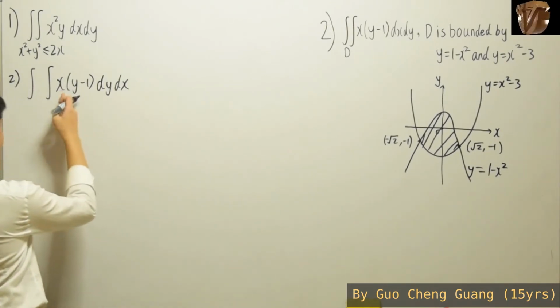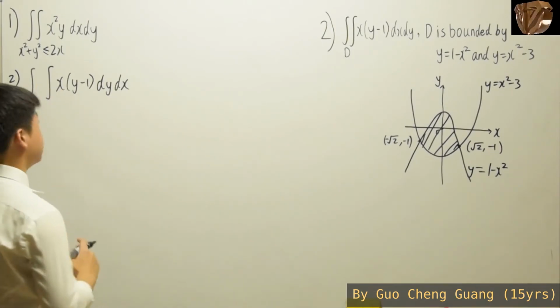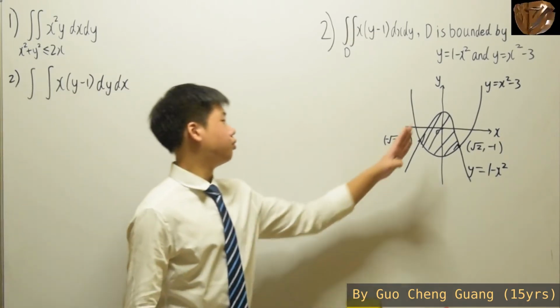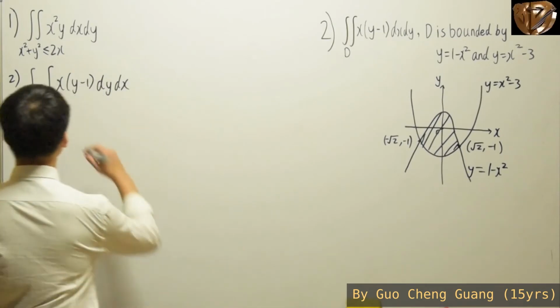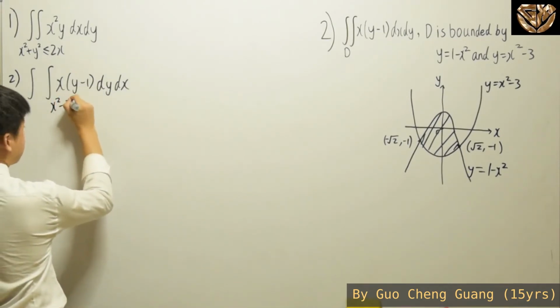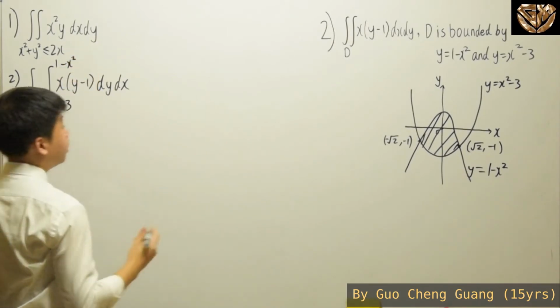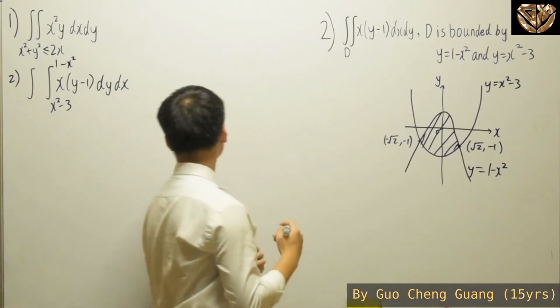So you can choose to move the x into one of the more outer integrations, alright? So the range for y goes from the bottom function to the top function. The bottom function is x squared minus 3, and the top function is 1 minus x squared. Now the range for x is what we just found, negative square root 2 to square root 2.